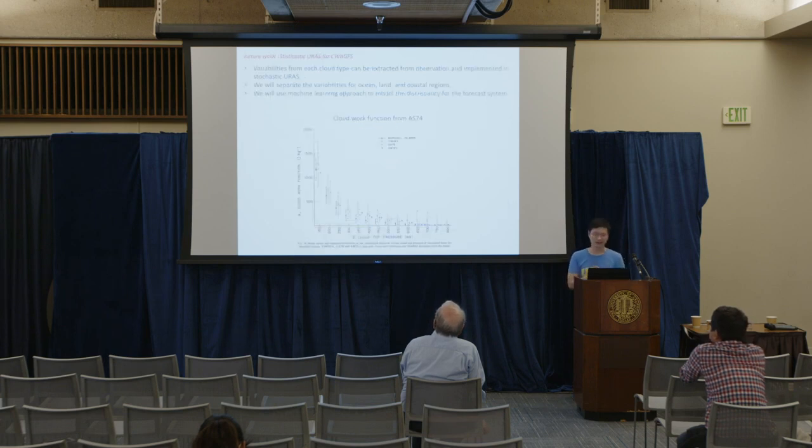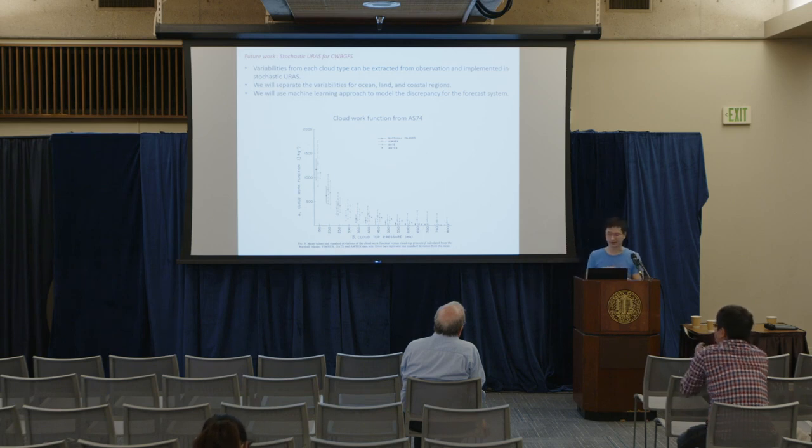Okay, so this is the last slide. The development won't stop here. We want to have some stochastic process implemented. So we want to go back to the root of the cloud work function references to implement this variability from the environment to introduce the stochastic effect for the URAS.